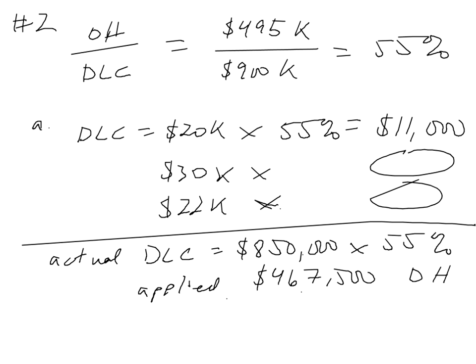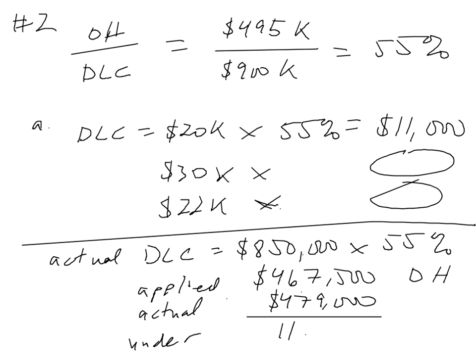Now, our actual overhead is $479,000. So that means that we underapplied by $11,500. All right, so the answer to B is underapplied by $11,500.